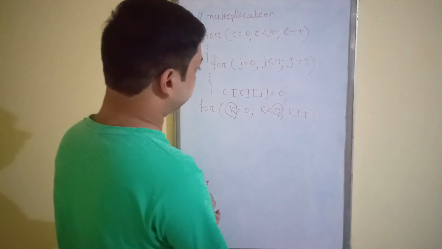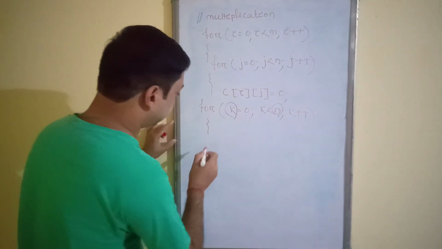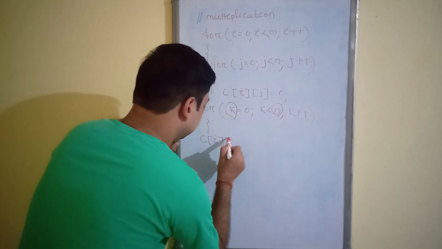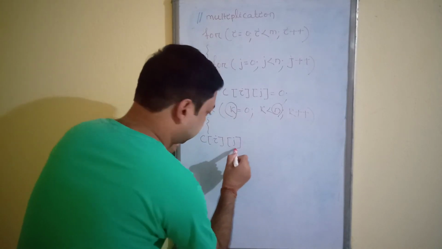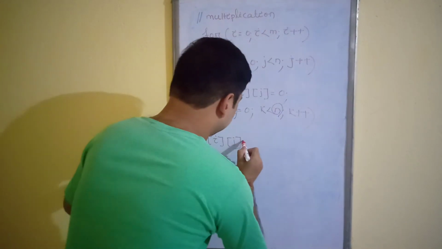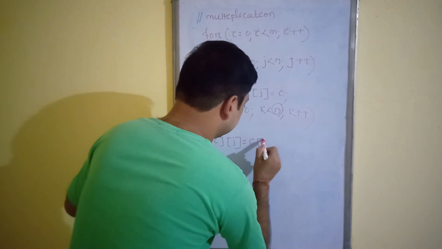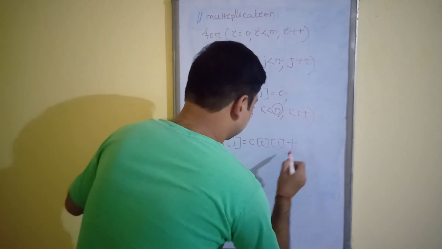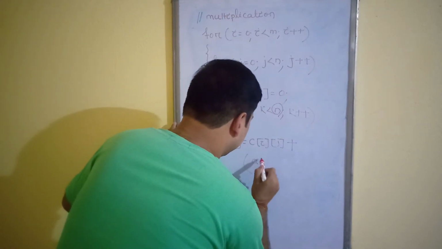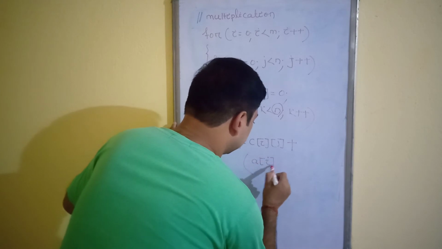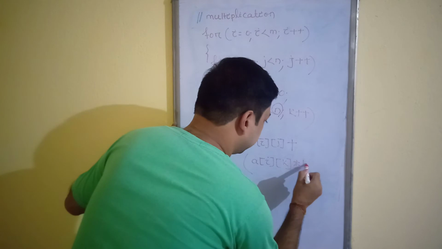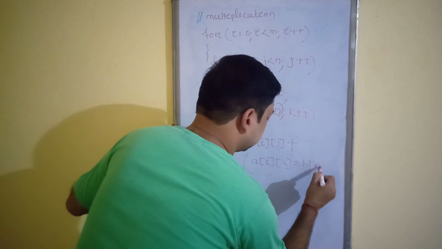So this is how we can multiply. Now what will be the logic for the multiplication? C of ij equals C of ij plus A of ik into B of kj.